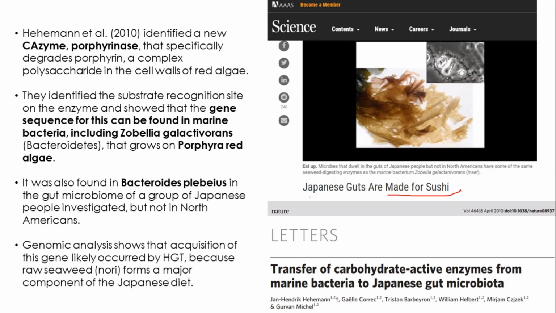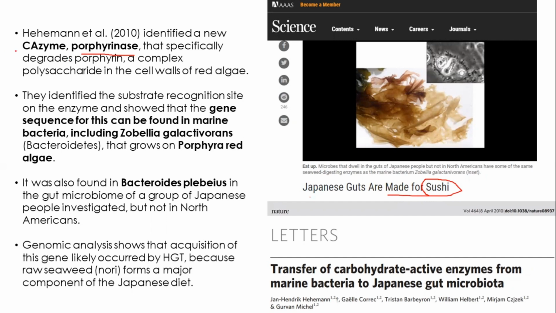But we, as humans, in our gut, we do not have the enzymes which can break down this complex carbohydrate, that is porphyranase. This particular enzyme was found in the gut of the Japanese people.